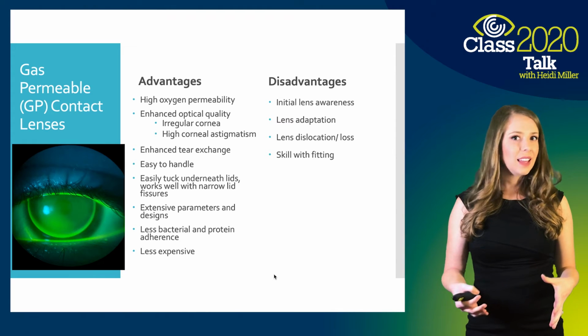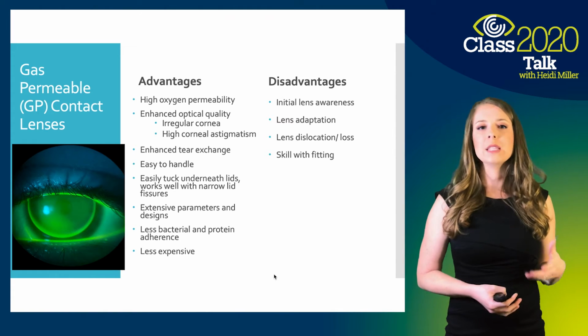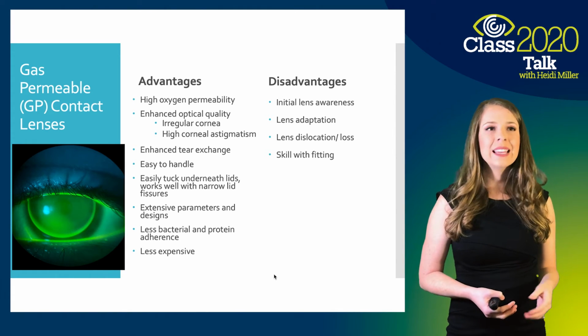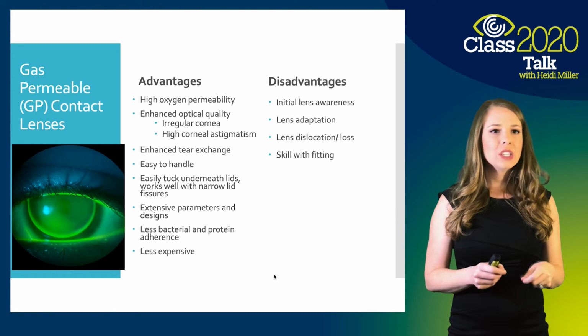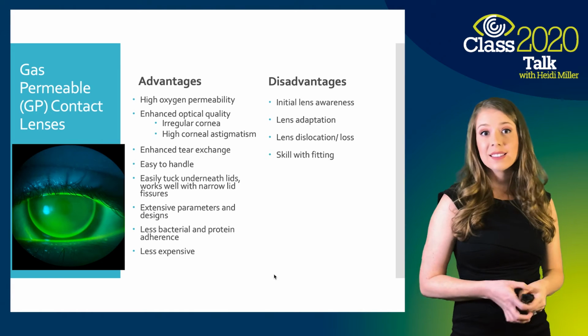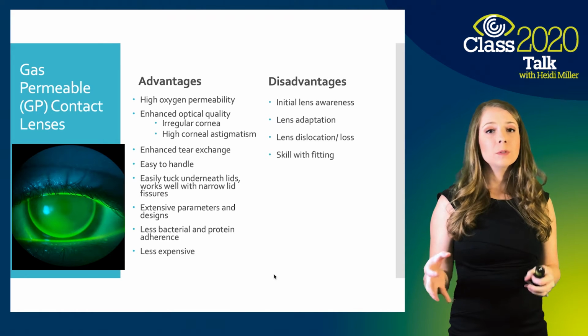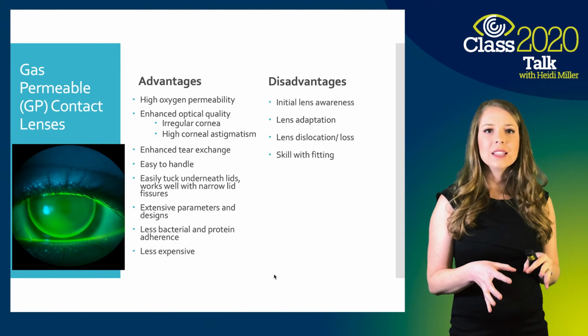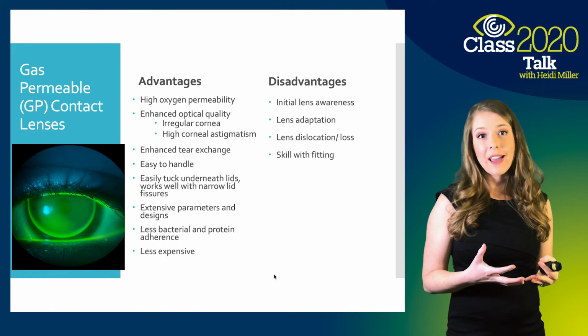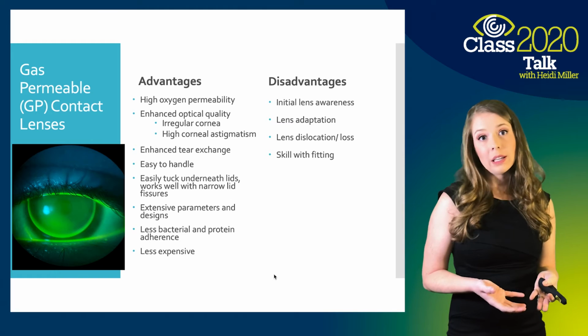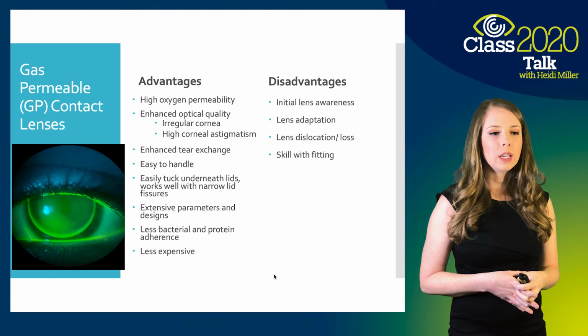The other nice thing that I've noticed with GPs, especially with infants, is that they're really easy to handle with insertion and removal. Parents seem to have a lot of success on insertion and removal, just tucking that lens underneath the eyelid and then being able to easily see the edges of the lens has been really great with my patient population.